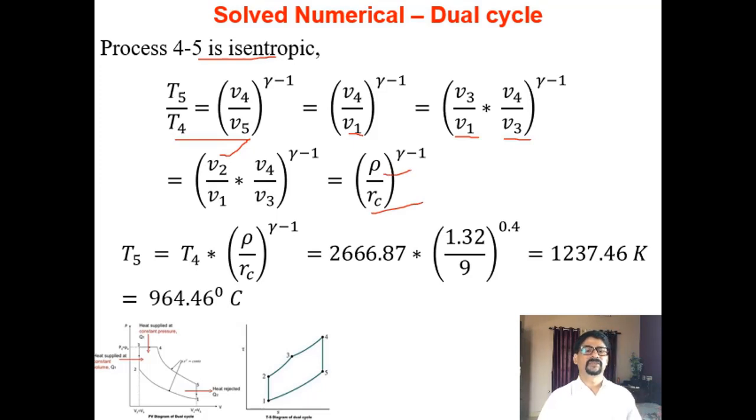So T5 by T4 you will get as rho to the power gamma minus 1 by RC to the power gamma minus 1. So from that expression you can write the expression for T5 as T4 into rho to the power gamma minus 1 divided by RC to the power gamma minus 1. Substitute and simplify, and you'll get T5 as 1337.46 Kelvin or 964.46 degree Celsius.